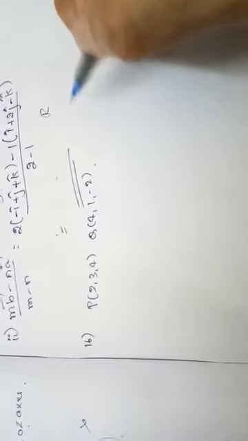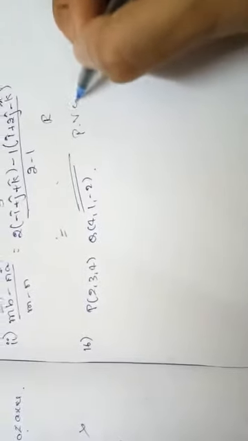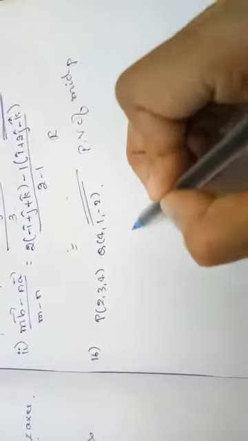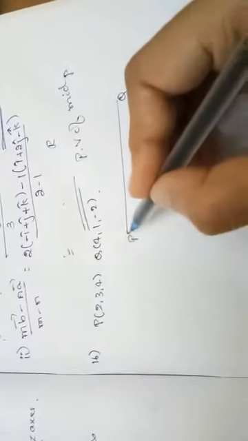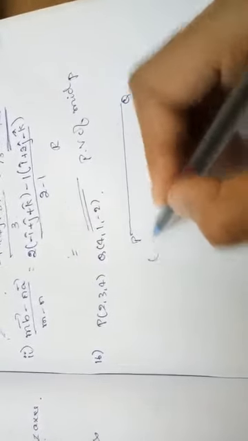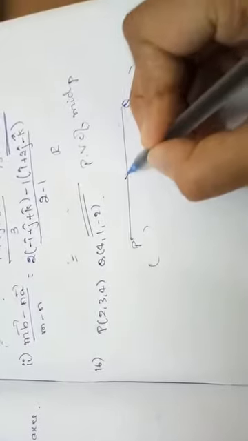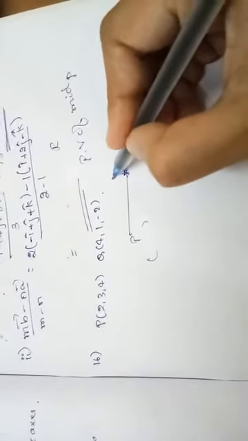So the next question is, we need to find the position vector of the midpoint of the line segment PQ. Suppose I call this one our point P and this one our point Q, and they have given the coordinates of point P and point Q. We need to find the position vector of this point.